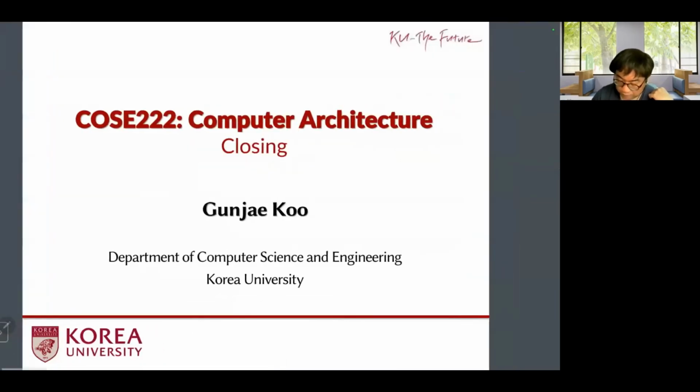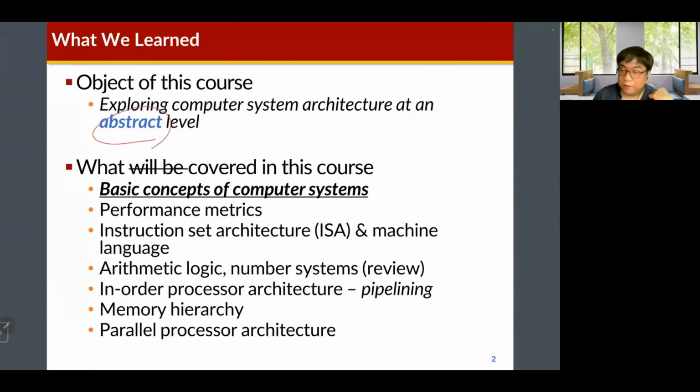We learned that computer systems are composed of many abstractions. Also, we learned some hardware parts, and the hardware and software interface as an abstraction level.